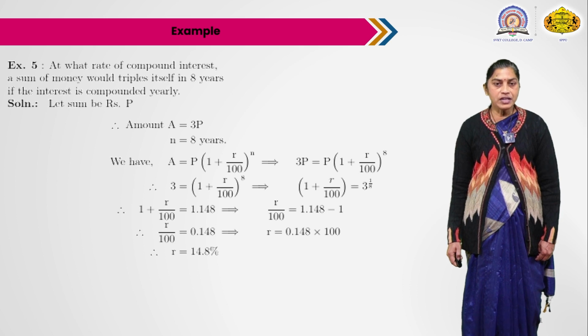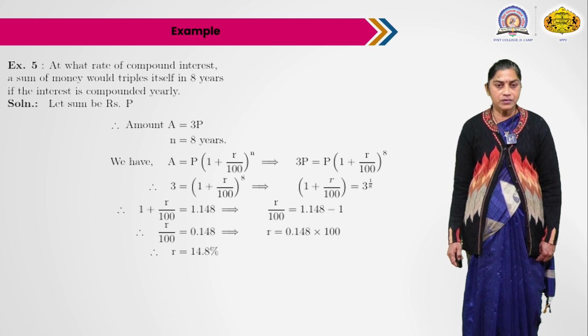Because we want to find R, we take both sides raised to 1 by 8. So we get 3 raised to 1 by 8 is equal to 1 plus R by 100. 3 raised to 1 by 8 comes to be 1.148. So 1 plus R by 100 comes to be 1.148.